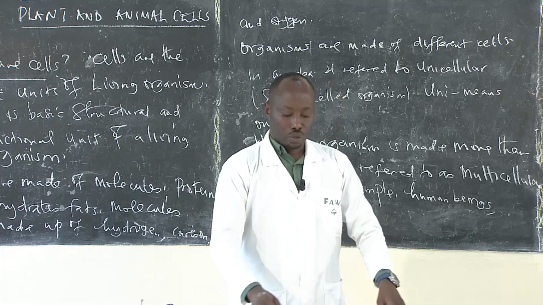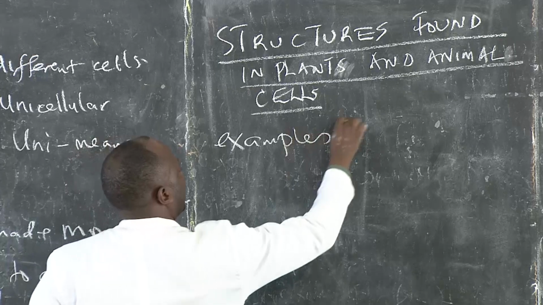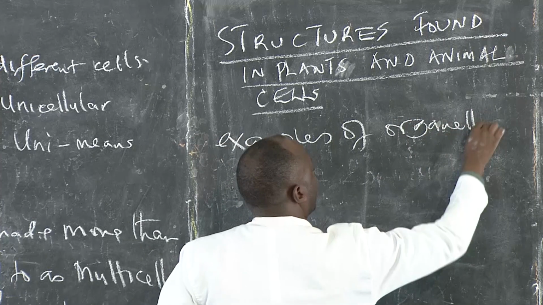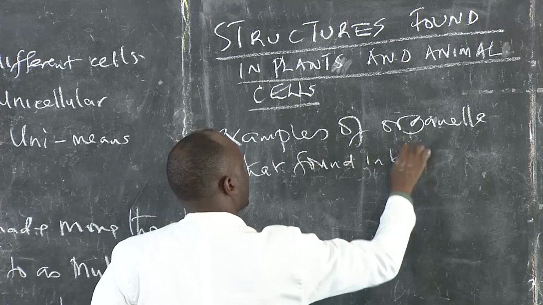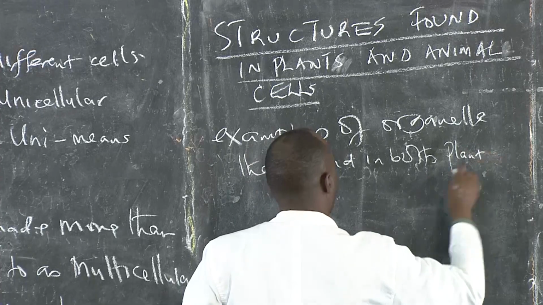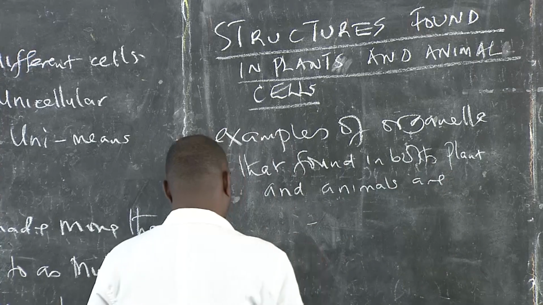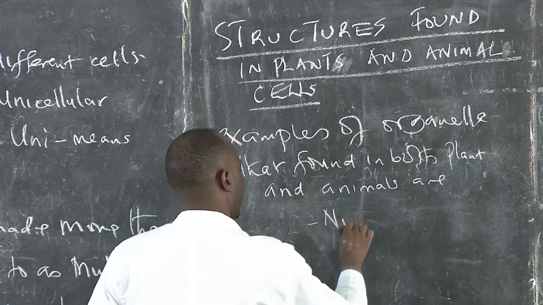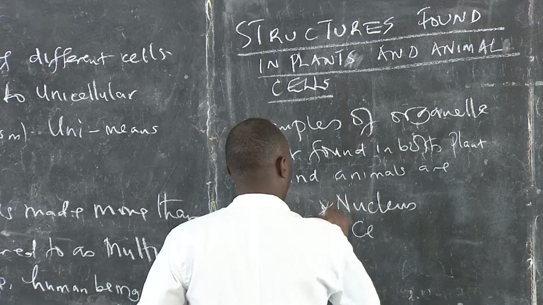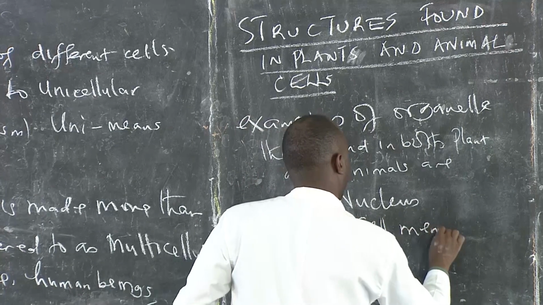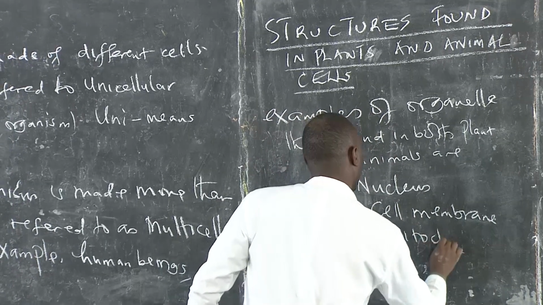Examples of the organelles that are found in both plant and animal cells: number one, we have the nucleus, we have the cell membrane, we have the mitochondria, as I mentioned.